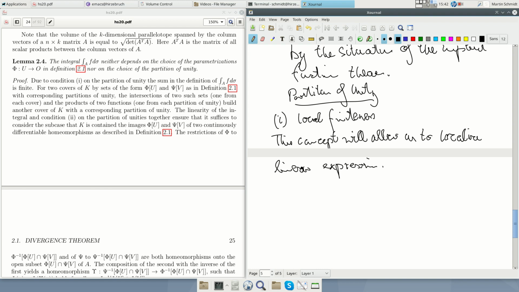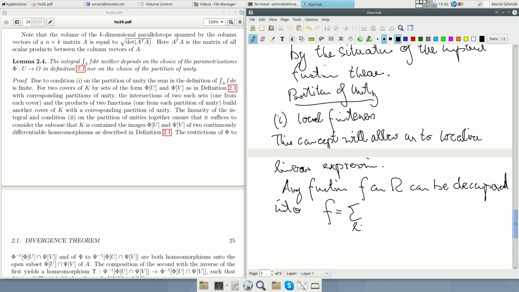The integral is linear, because whenever we have a function, any function f on omega can be decomposed, this is now the essential observation, into f equal to the sum over l of h_l times f.